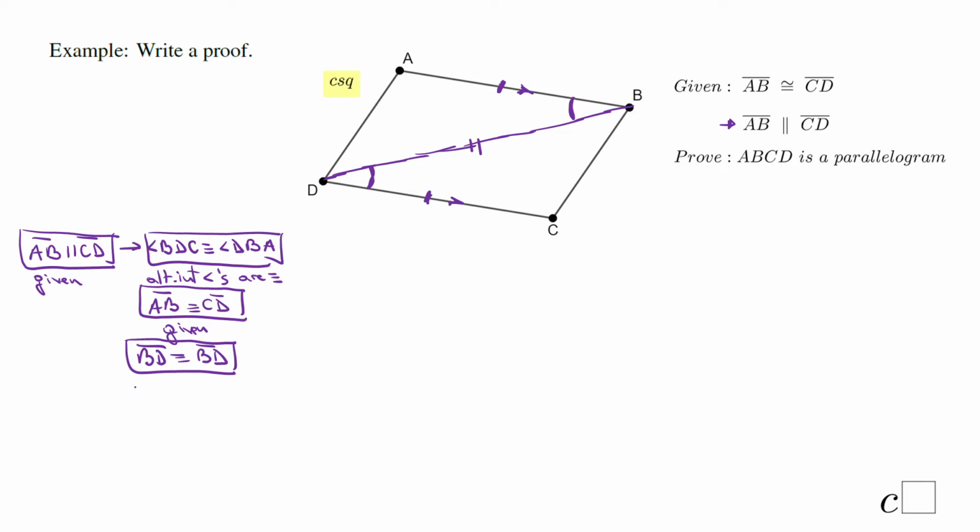And that will be reflexive property. And from these three statements, remember I said we can write that these two triangles are congruent. Which one? Triangle ADB congruent to triangle CBD.